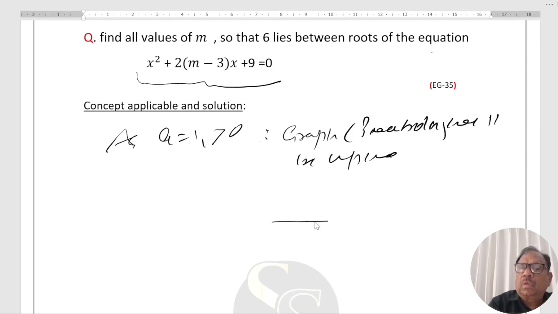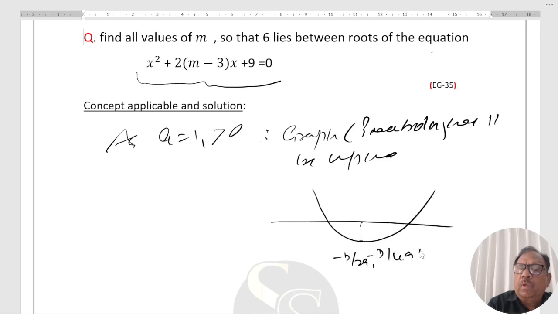Now, right? This is minus b upon 2a, minus b upon 4a. K equal to 6. Suppose k equal to 6 there. So, k equal to 6. 6, 0. This will like this side, this will like 6, 6, 0.